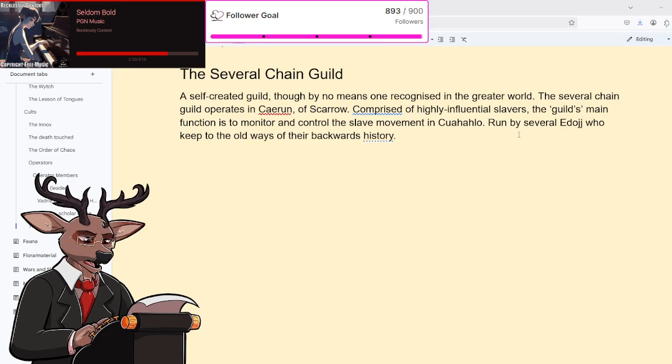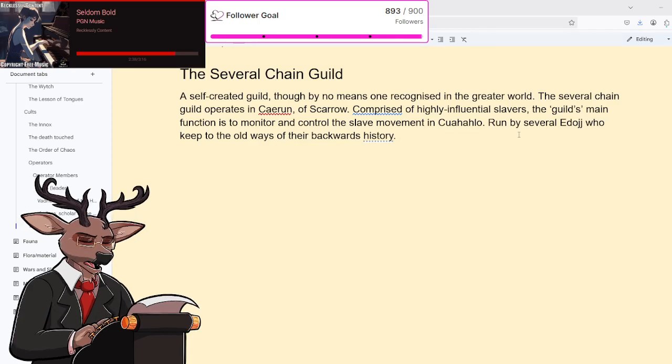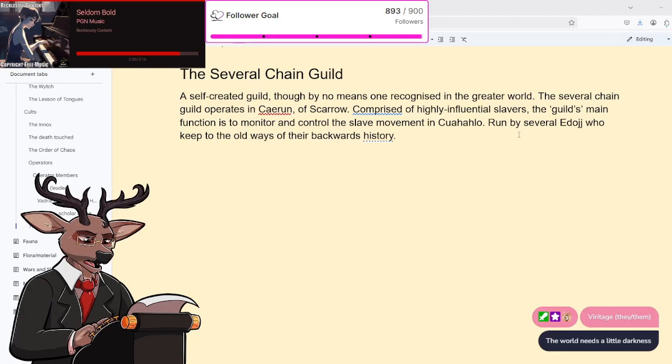Like the slavery in the desert is very heavy set. And this guild sucks. I hate it, but I feel like it would exist. Very realistically, there would be an organization that does this because it is profitable.